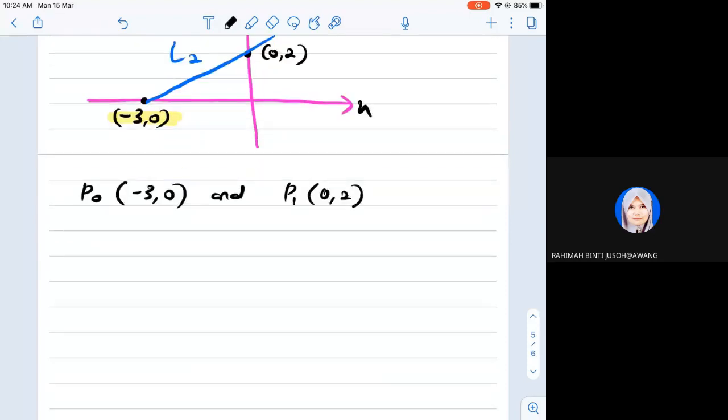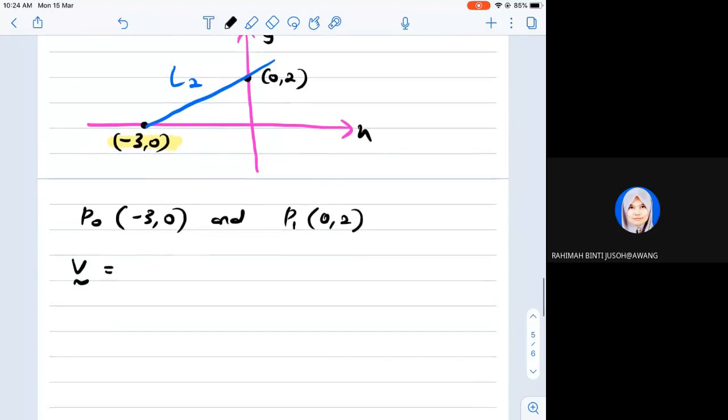From here we can find the parallel vector V. How do we find it? If you are given two coordinates, you just subtract the two points. The vector from P naught to P1 is P1 minus P naught.